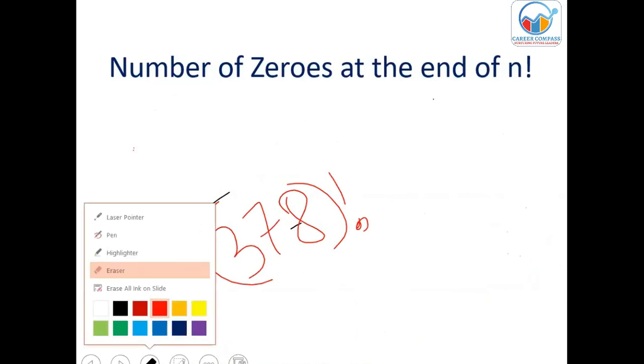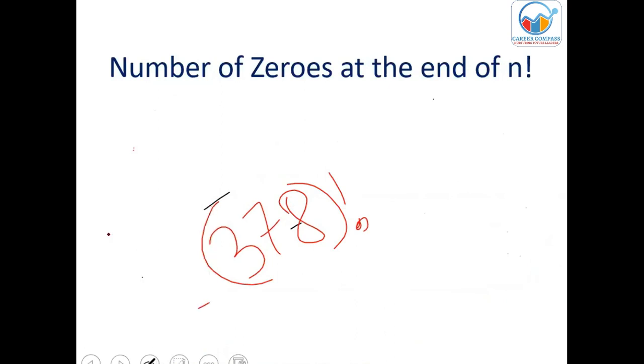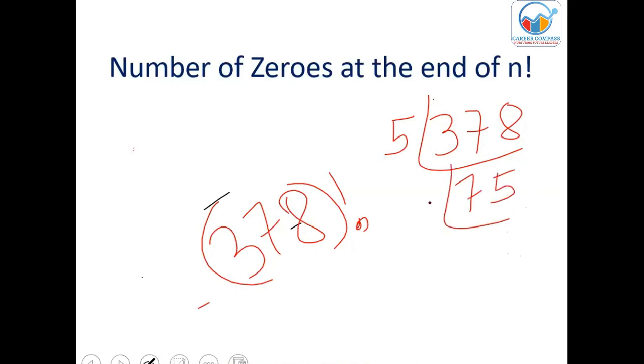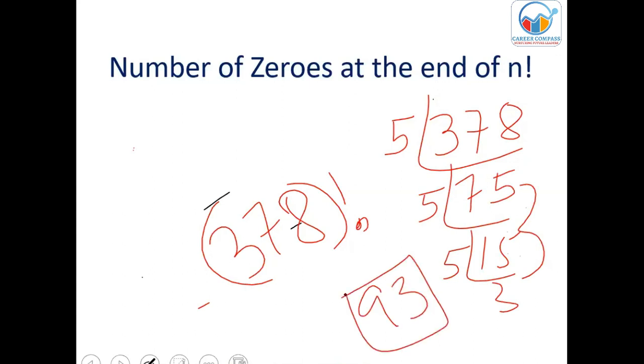How will I find the number of zeros at the end of 378 factorial? So what will I do? I'll divide this by 5, no? And then I'll add the quotients. Hence my answer will be 93.